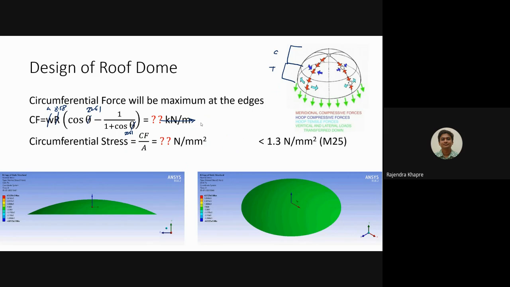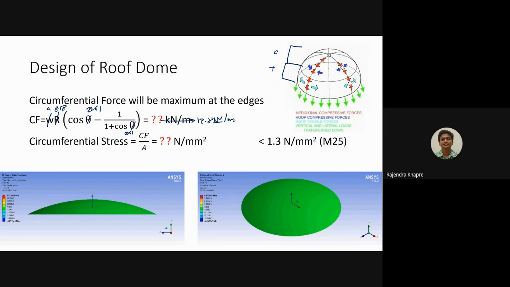Somebody please cross check. How much is coming? 13.8. So this will be 13.8 kilonewton per running meter, along this direction.